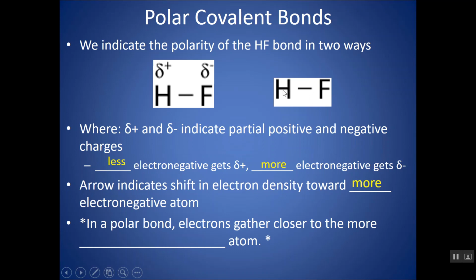So fluorine's more electronegative than hydrogen, and I could put an arrow above showing electrons would move toward the fluorine. In a polar bond, electrons gather closer to the more electronegative atom. These are just two ways that I could show that: a partial negative charge, or an arrow toward the thing that's more electronegative.